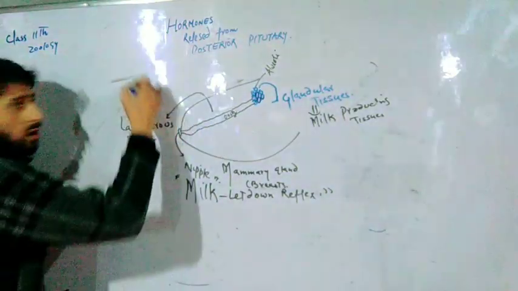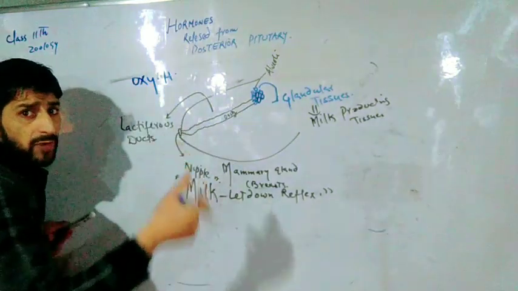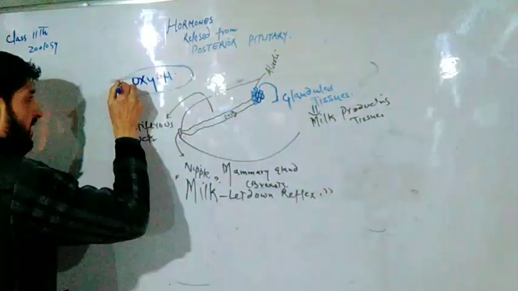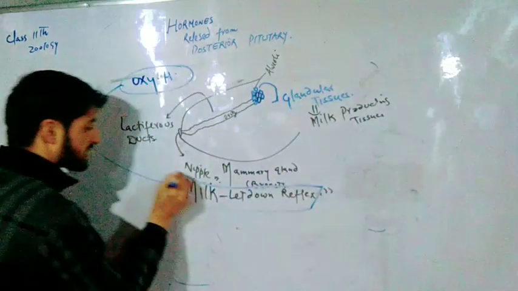Oxytocin hormone, released from the posterior lobe of the pituitary gland, is also responsible for milk let down reflex.